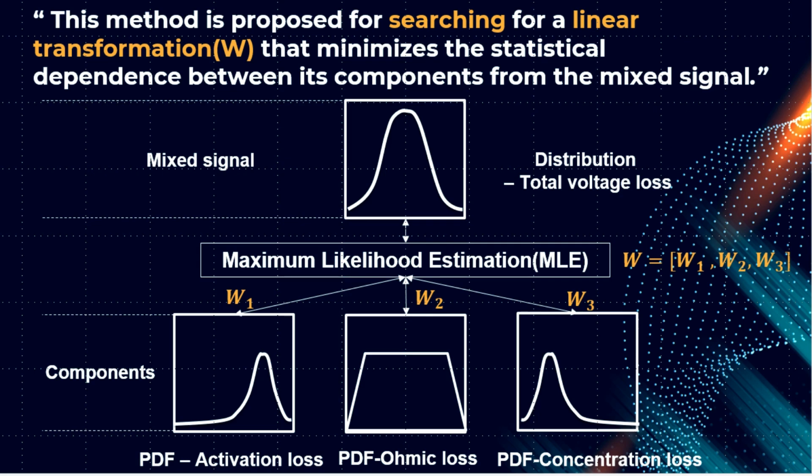We want to separate this total loss into subcomponents expressed as activation, ohmic, and concentration. To do this, we need to find the previously mentioned mixing matrix W, and in this study, W can be found based on maximum likelihood estimation. It can be called MLE for short.